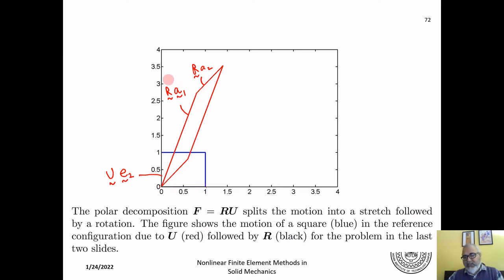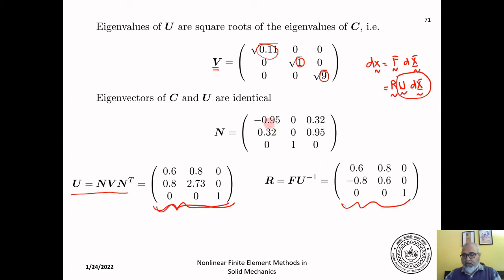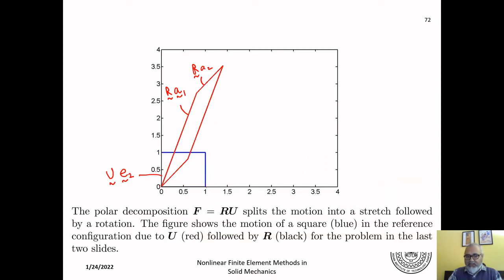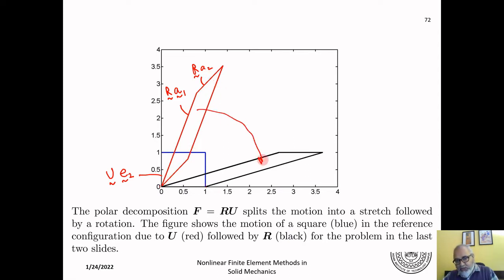I take these vectors and apply R to them, R being this matrix. So I apply the pure rotation to each of the sides, and when I do that, I get back this black parallelogram, which shows that the final motion is a simple shear, but the pure stretch brings it here, and the pure rotation just rotates it back to this.